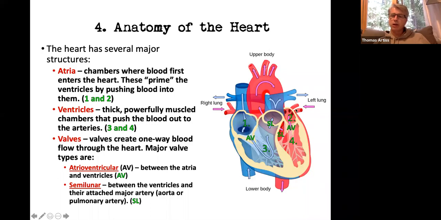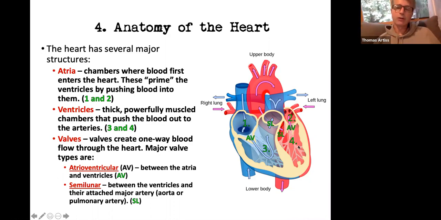At the same time, blood is flowing from the lungs into the left atrium and then down into the left ventricle. As this one closes, this atrioventricular valve prevents the backflow of blood from the left ventricle to the left atrium.